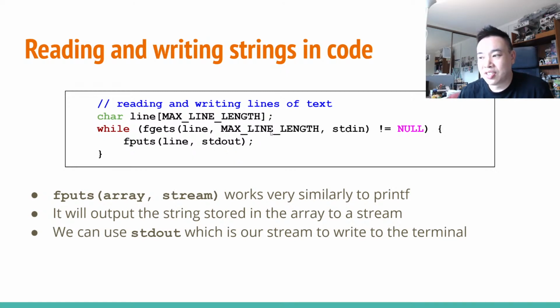So fgets takes a line in from the terminal, and fputs gives a line back to the terminal. So this demo code, if you just put this in a main somewhere, all it would do is just loop forever. And every time you type in a line, it will type that line back out to you. But this is just showing us that we can take a line, we can store it in a string using fgets, and then we can output.